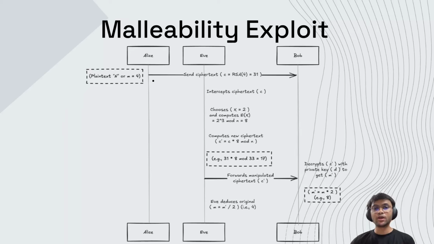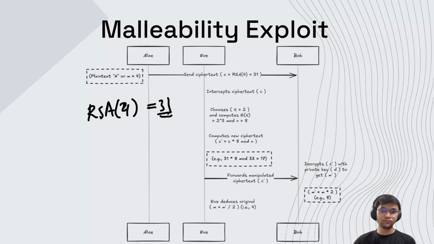Now, Alice computes the RSA ciphertext for this, and we say RSA computed for 4 gave us the value 31. Alice sends this ciphertext over to Bob. Eve intercepts this.